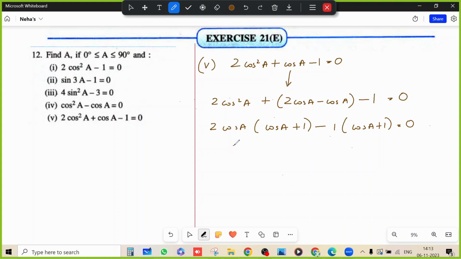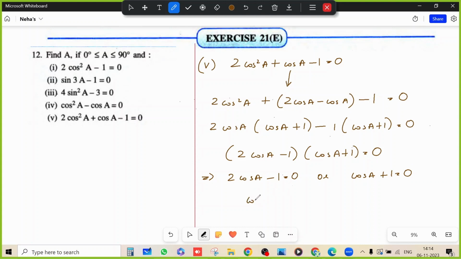Now we will get two brackets here, that is 2 cos A minus 1 into cos A plus 1 is equal to 0. Now either of these two expressions should be equal to 0, then only the product is equal to 0. So this means that either 2 cos A minus 1 is equal to 0 or cos A plus 1 is equal to 0. Now we will rearrange it and we can write it as cos A is equal to 1 by 2 or cos A is equal to minus 1.